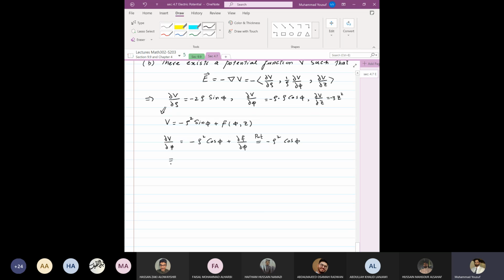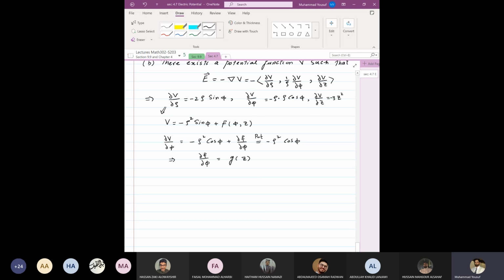Now rho squared cosine phi cancels. That means partial f by partial phi is 0, constant with respect to phi, there is no phi there. So it means it is a function of z alone.